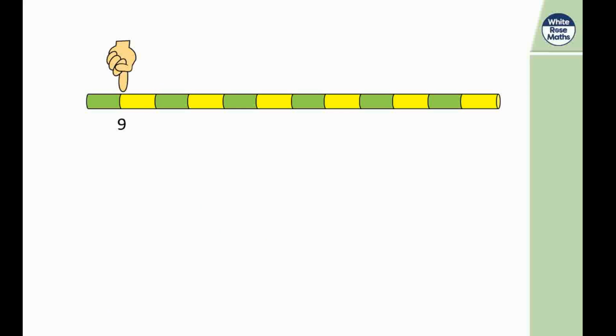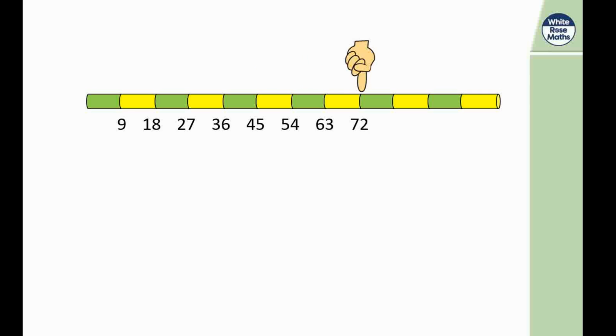Let's see what we have to do here. So this is 9. So this will be 18, right? Good. Sorry to repeat, but 27, but it's good to practice. What's next? 36. 45. Yep. 54. 63, yep, 72, 90, right.